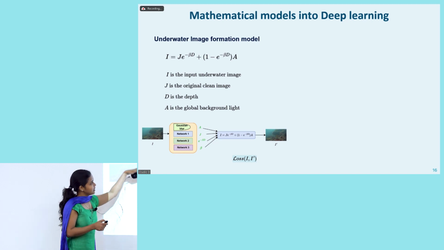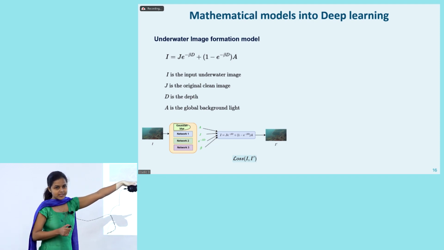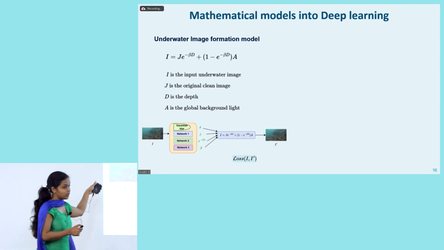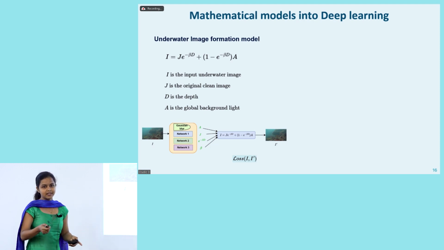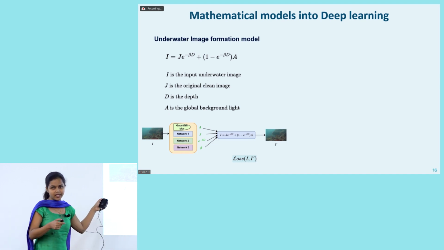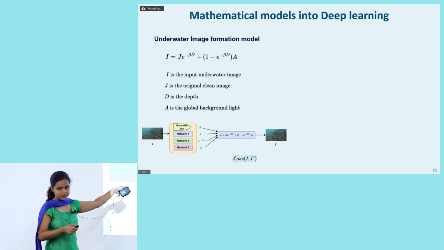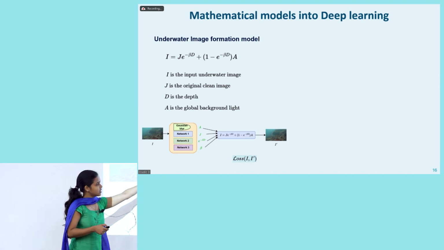Then I combine these disentangled components to get the I back. So this I should be equal to the input I. I can give a constraint that the output I after combining these disentangled components should be equal to the input I. This is one of the constraints I am using in this deep learning network to return the correct J, e raised to minus beta d, and beta.